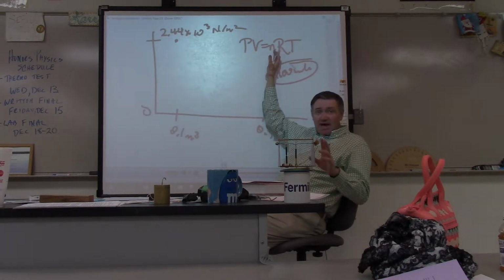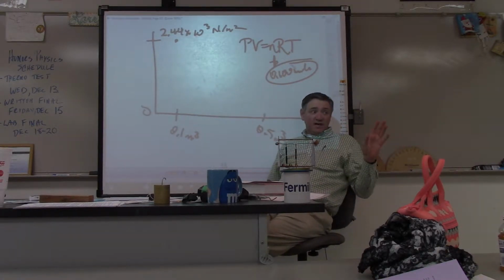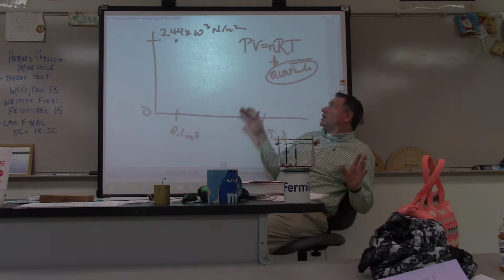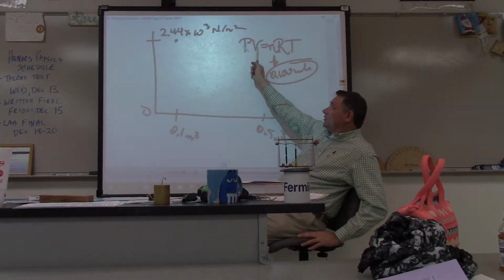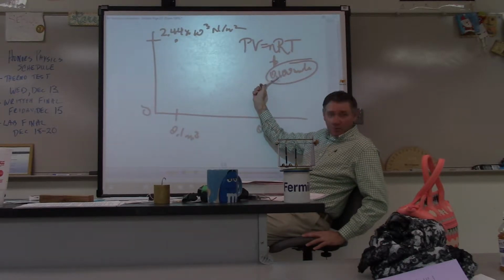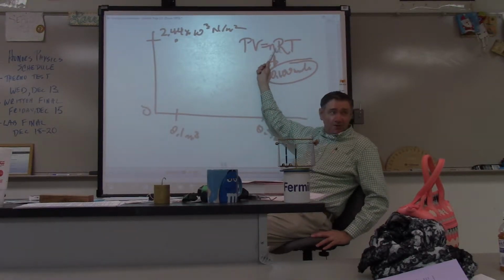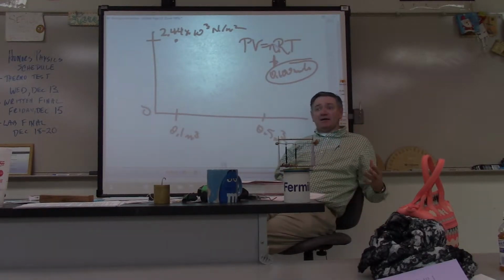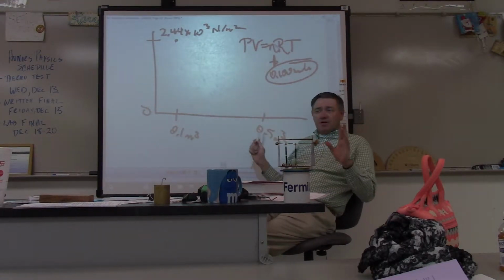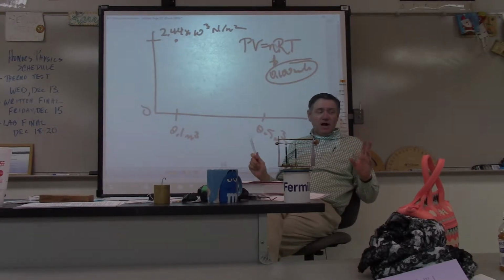We have the ideal gas law constant, which is not going to change, 8.314. So at this point, I know a pressure, and I know a volume. I know my n, and I've got a known value of R. So what else can I find at any point on this graph?